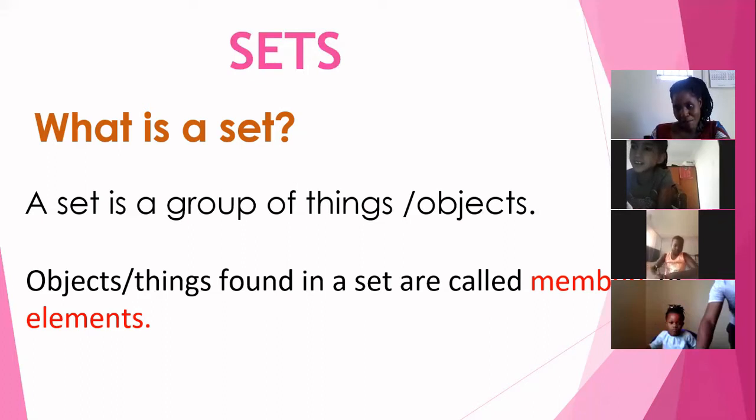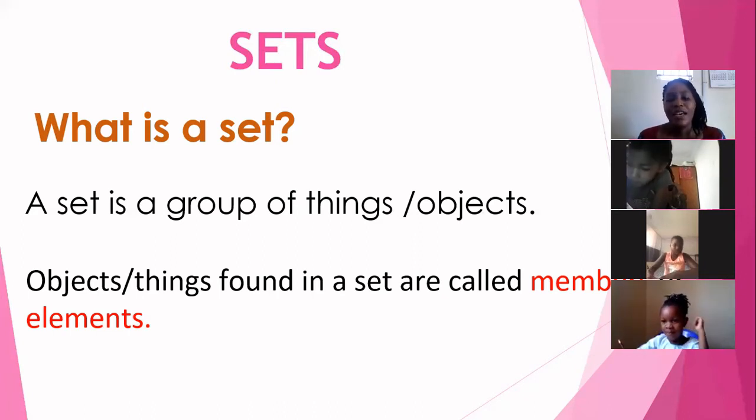Are we there, my pupils? So the things we find in a set are called members or elements. Because in an exam, they will tell you to count the elements. So if they talk of elements, they mean the members that are in the set. Are we following, pupils? Yes.